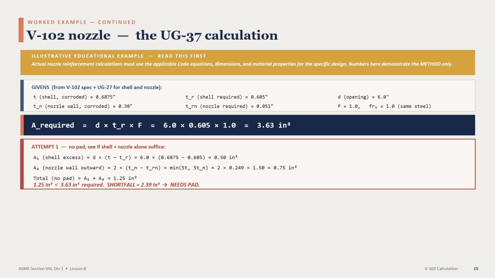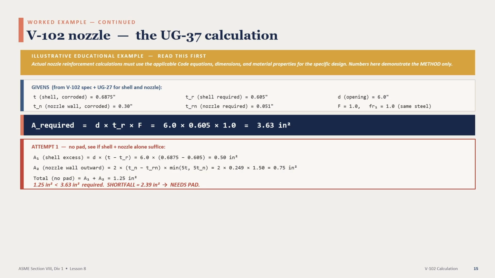A2, the nozzle wall outward, equals 2 times (t sub n minus t sub rn) times the smaller of 5t or 5t sub n. 2 times 0.249 times 1.5, 0.75 square inches.